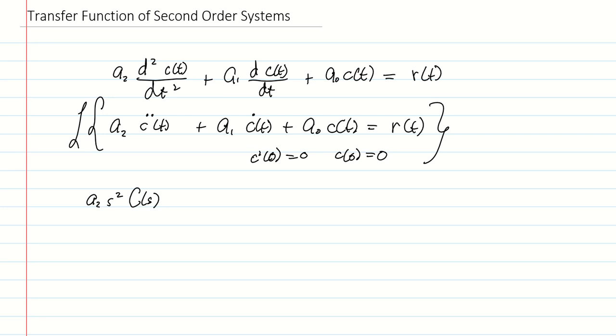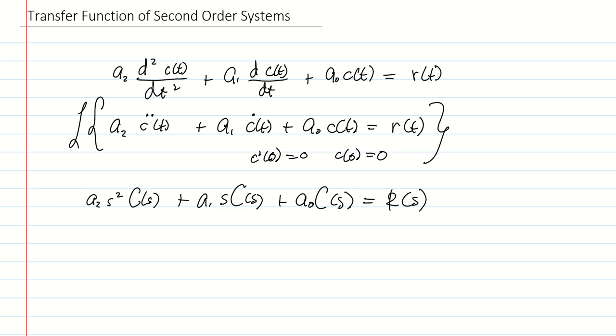But because they are 0, let's just remove them all. Then plus, for the second term, we have a1, the degree is 1, times C of s. Then plus a0 C of s, and they just do the transformation. Then R in the s domain. This is now in the s domain.